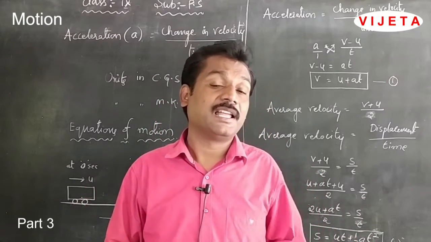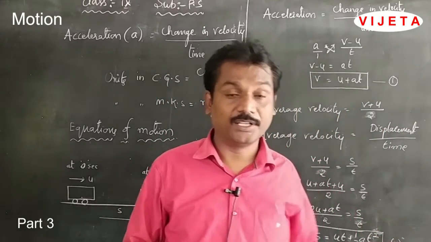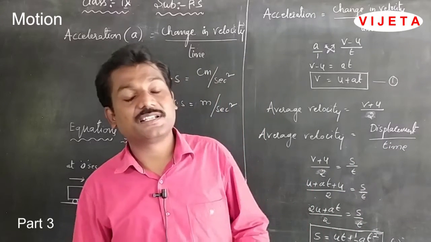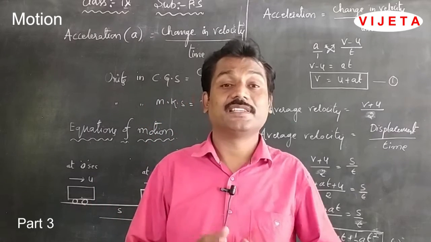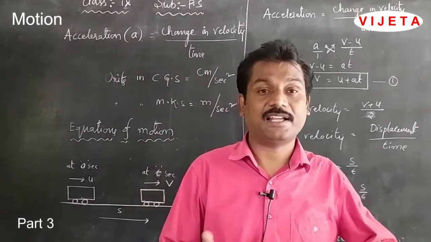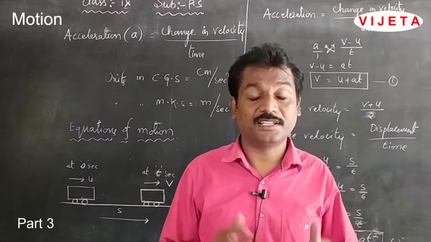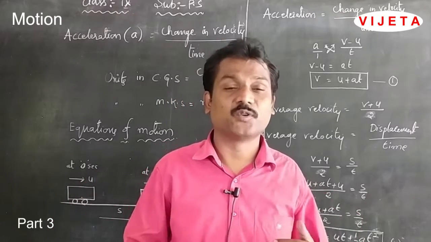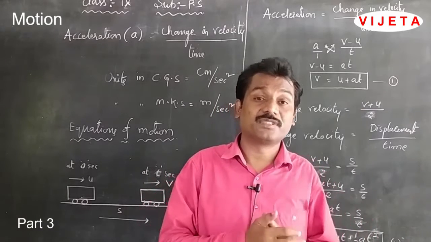In that situation, acceleration and the motion of the body are both in the same direction. If a body is traveling with decreasing velocity, the body is traveling with negative acceleration. Negative acceleration is also called deceleration or retardation. In that situation, the acceleration and the motion of the body, that is the velocity direction, are in opposite directions.